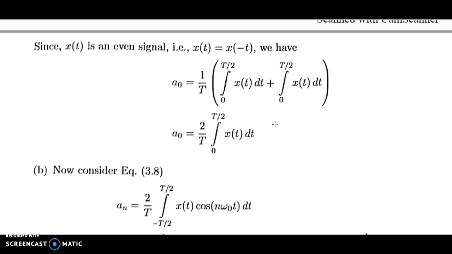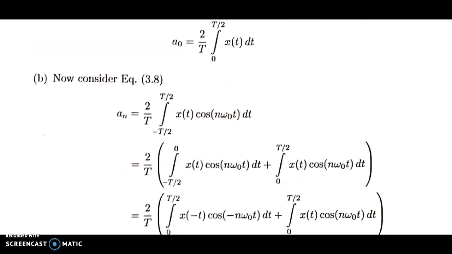Now we'll consider how we can derive the expression for an when x of t is an even signal. The expression for an is 2 by T integral, x of t into cos n omega 0 t dt. Here again see the change: the limits of integration are changed.